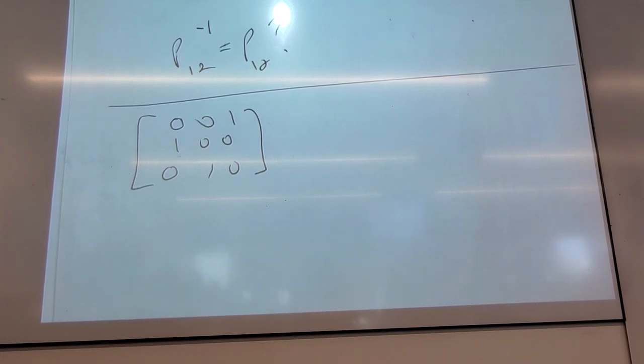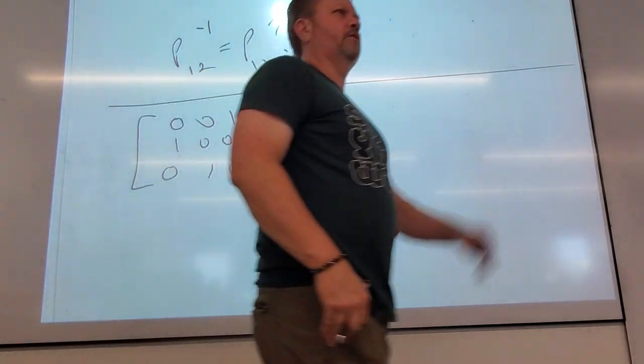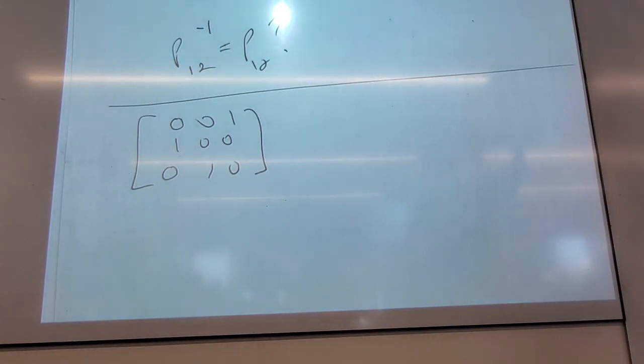Does anything stay in the same place? So what does that do? Puts the first row second, puts the second row last, and puts the third row first. I like it. Are you guys with me? This is still a permutation matrix. It just happens to be doing a few things.